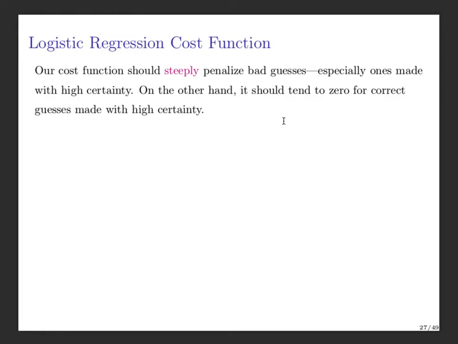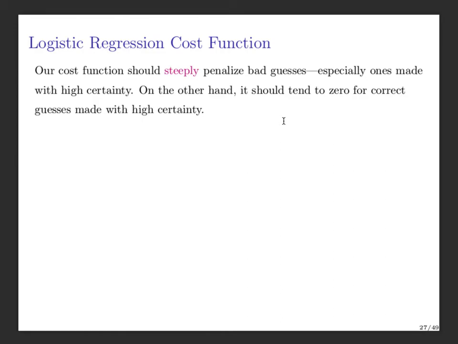Okay, so I'll tell you a little bit about the cost. What do we need our cost function to reflect? Because we have two things here. You're giving me an object, and I'm rendering two guesses on it. I'm saying this object belongs to this category, and I am this certain that the object is in this category. So you're giving me a category and you're giving me a confidence. So there's two things that I have to minimize here.